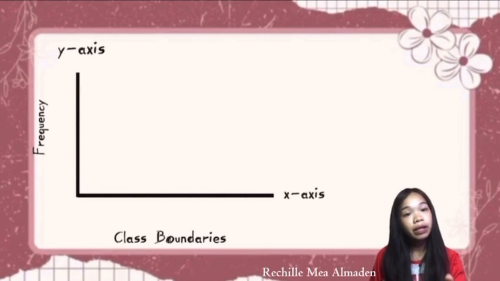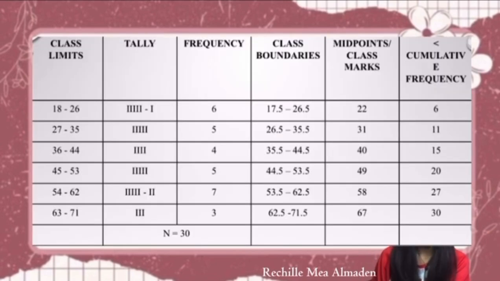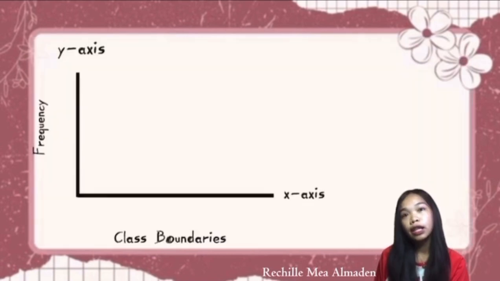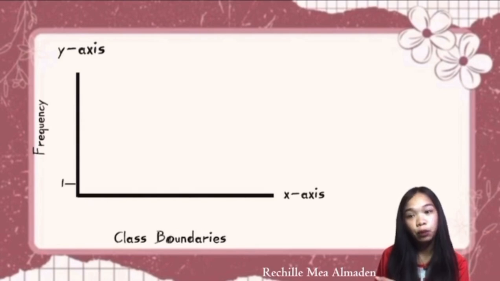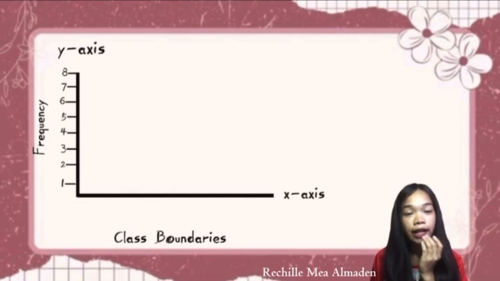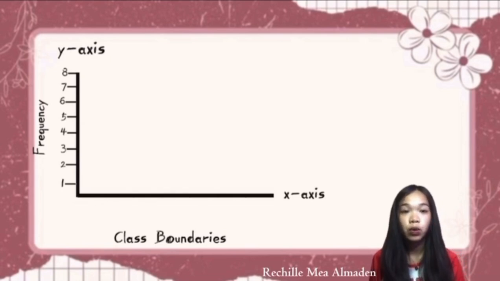So, makita man nato din sa frequency table na dugol kayo ang ilang mga numbers like tag-isa lang ka gap. So, then ang atong sugdan sa frequency is the 1, 2, 8. The last number is the 7. So, dagdagan na to siya isa ka number.